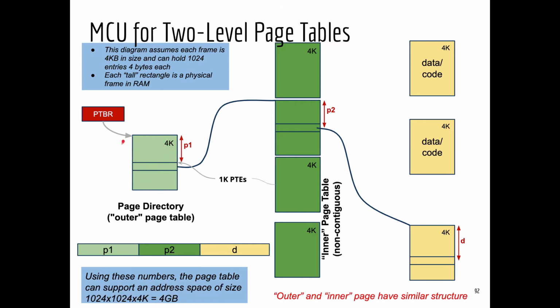So using this example, the outer page table can hold up to 1024 rows, and each row points to another lower level table which can also hold 1024 entries. Combining the two together, in the darker green boxes we can see up to 1 million, or exactly 1024 times 1024, or 1 meg of frame numbers.